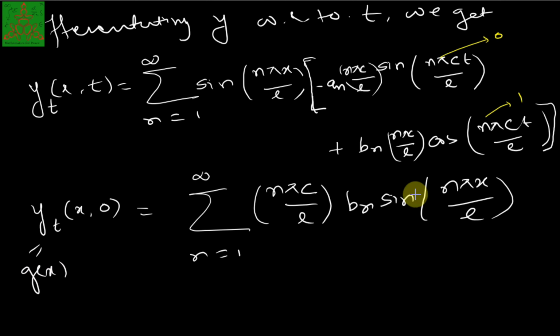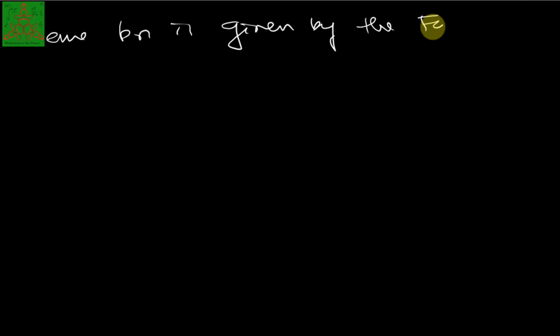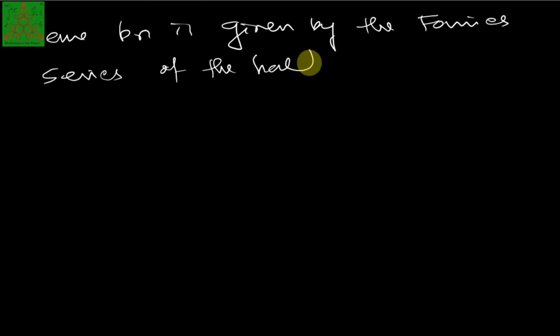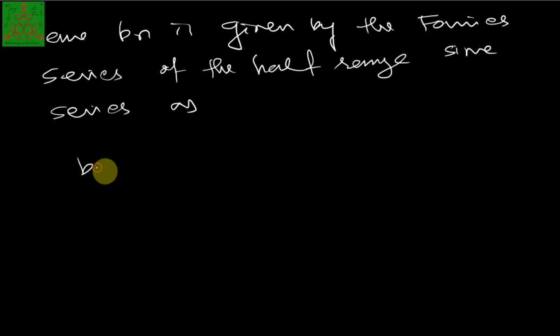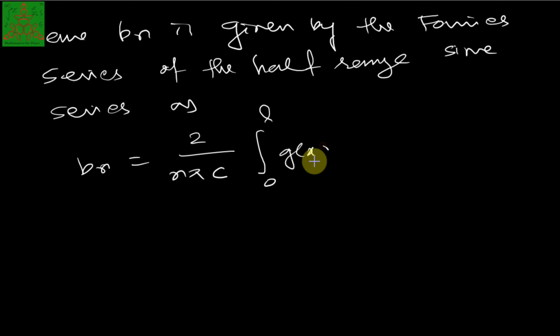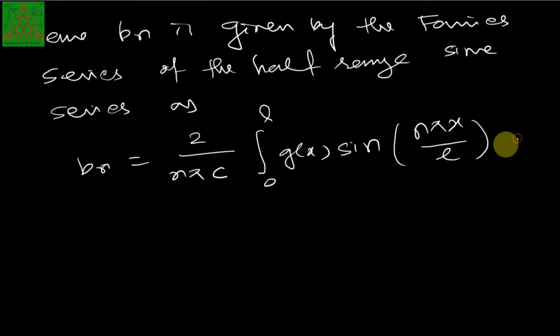This is also a half range Fourier series, so bn can also be calculated using the half range sine series: bn equal to 2 by n pi c integration 0 to L of g(x) sin(n pi x upon L) dx.